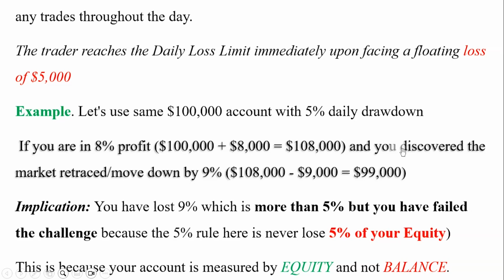And all of a sudden, the market retraced or moved down by 9%, which is roughly $9,000. Now your equity at this point will be $99,000, which is just $1,000 away from your balance.